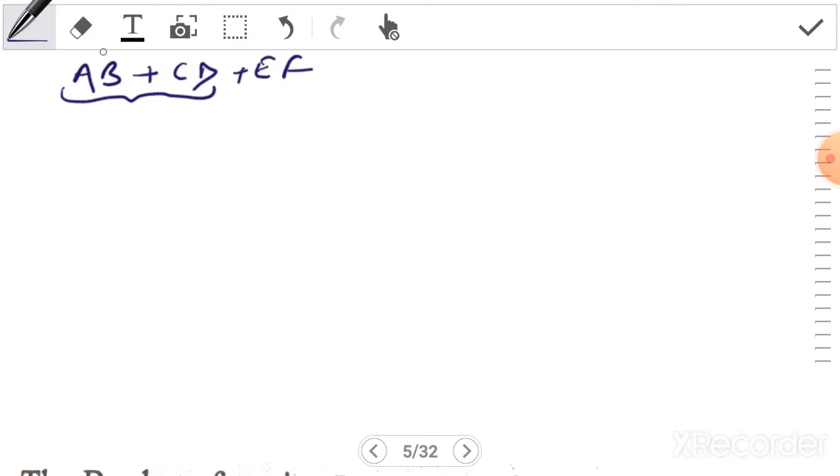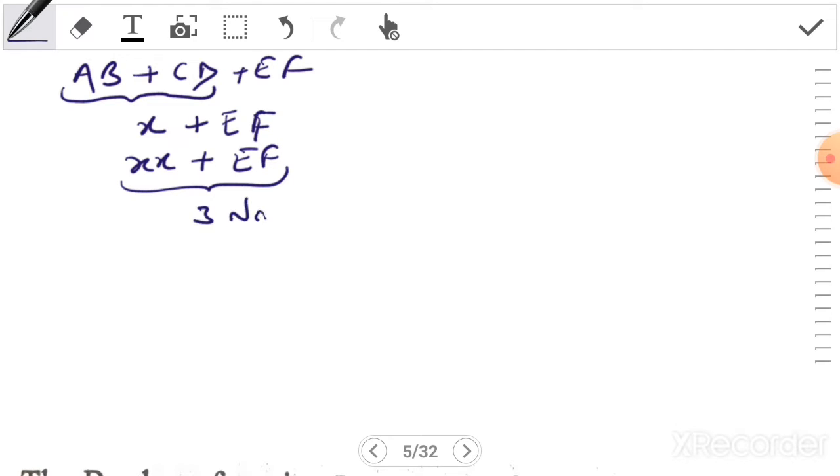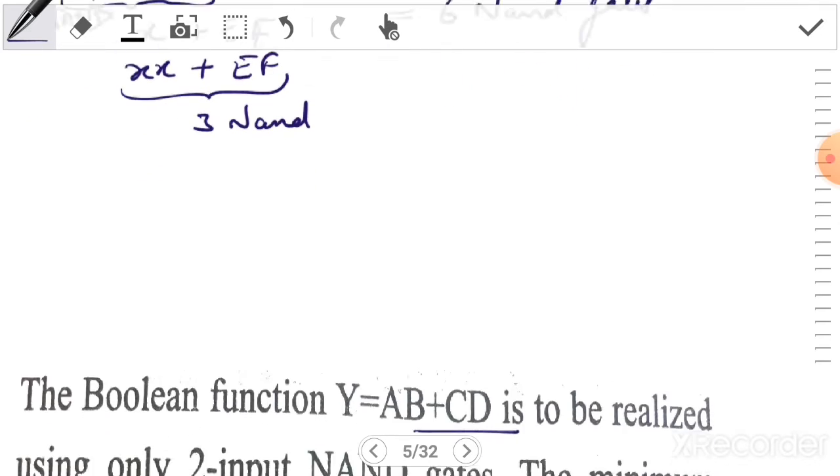So let us say the output of this is X. So X plus EF, again you can write this as X plus EF, again 3 NAND gates. So 3 NAND gates for this and 3 NAND gates for this. So a total of 6 NAND gates required for 6 inputs.